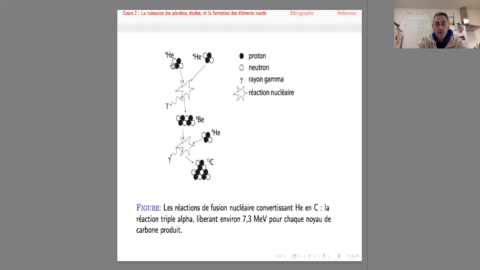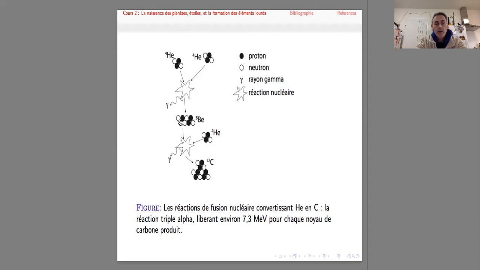You need the kinetic energy of these two alpha particles in order to initiate this reaction, which will actually absorb a little bit of the energy. It's possible that there's even more energy if these things are hot enough, and some will be given off as a gamma ray.